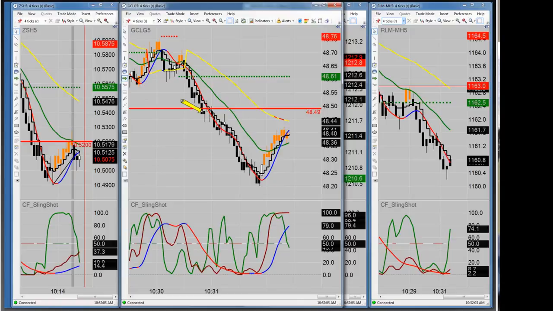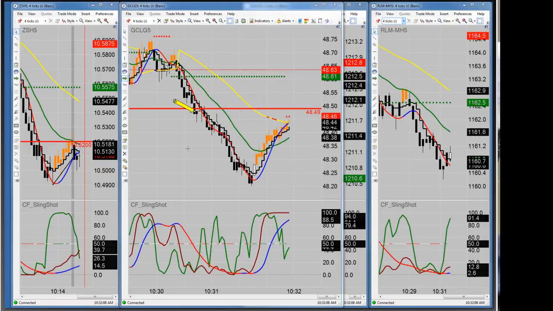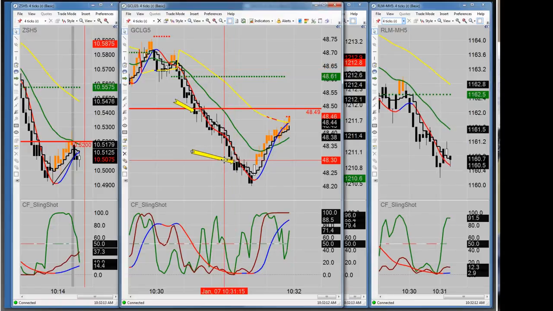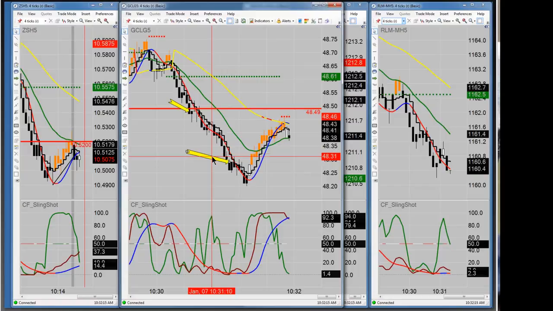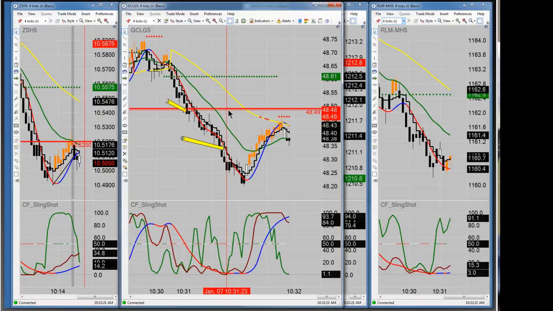And what did I have on that bracket? 15 is what it was. Right down to there. Somewhere in there. 48, 49. It was here. You got 15 on that too, Chris.